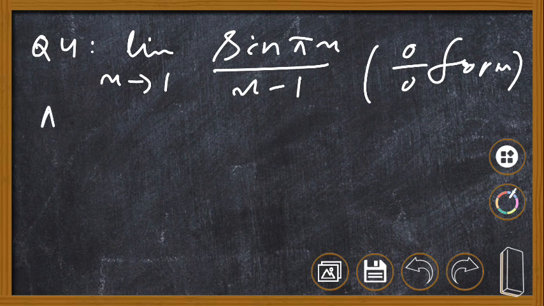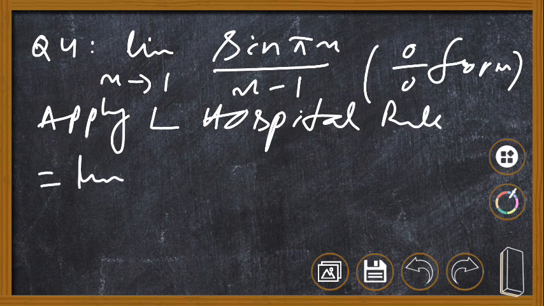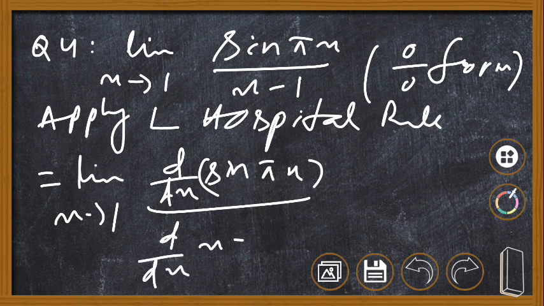So, applying L'Hospital rule, let us see. This will be limit x tends to 1, converted into derivative of sin pi x divided by derivative of x minus 1.